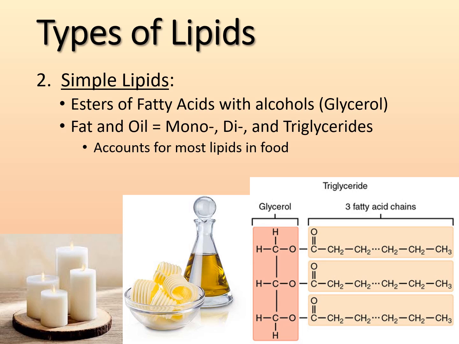So those are our mono, di, and triglycerides. The number, mono, di, and tri, just has to do with how many fatty acid chains. Okay, so you can have mono, just 1 fatty acid chain, di, 2 fatty acid chains, and tri, 3 fatty acid chains. Now these guys really account for most lipids in our foods.